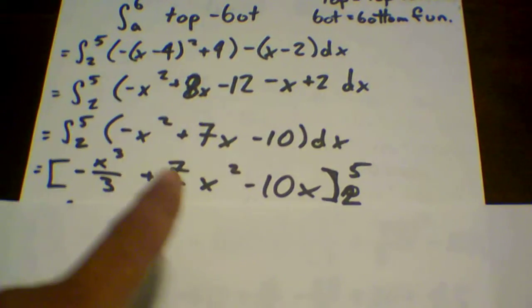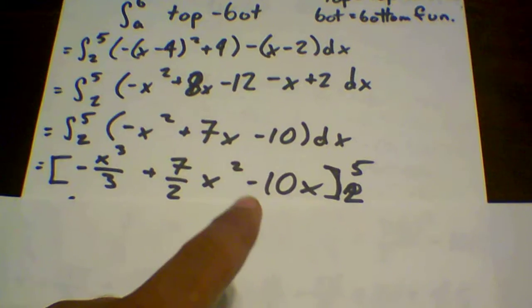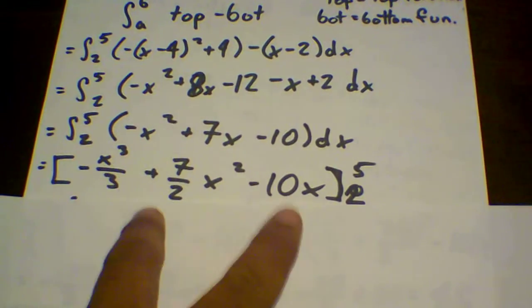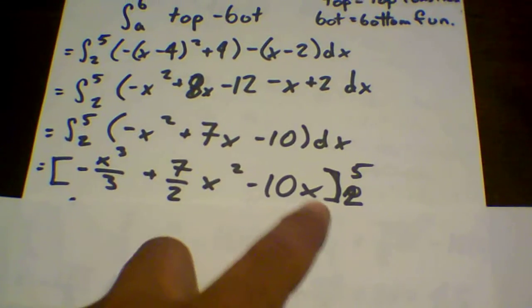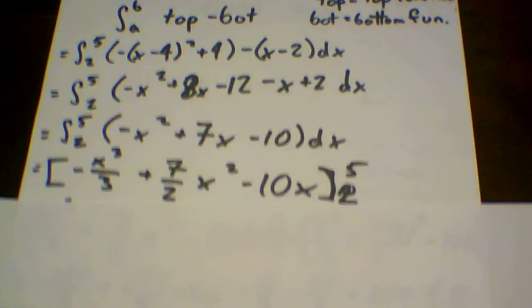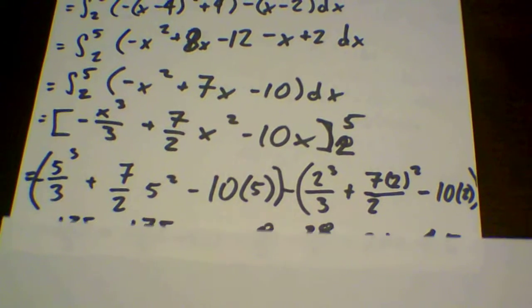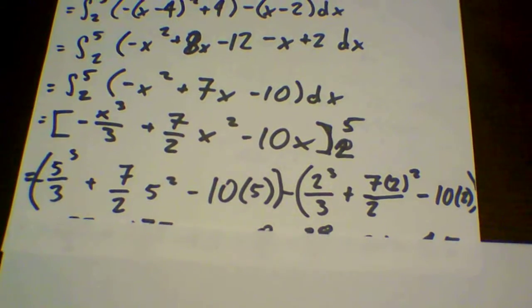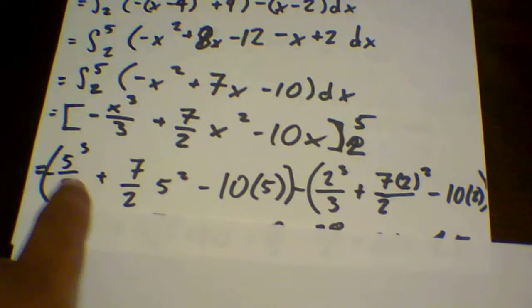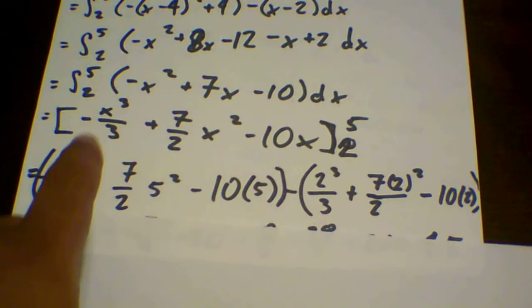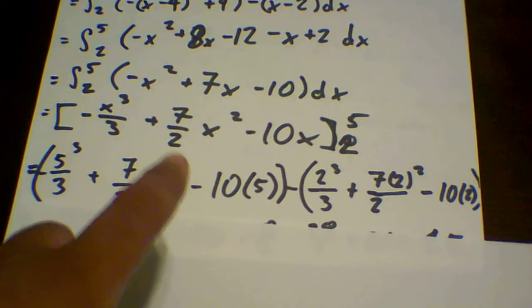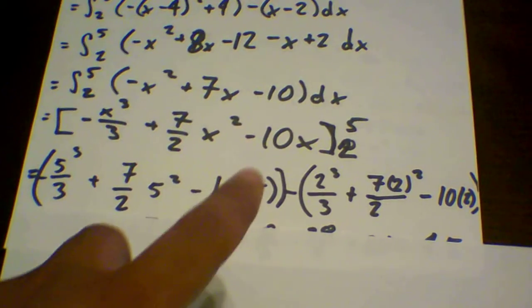Then I found the integral, the antiderivative. That's what I did. Then I put 5, 2. Then we do the second fundamental theorem of calculus. So I plugged in the 5 here, here, here, and here.